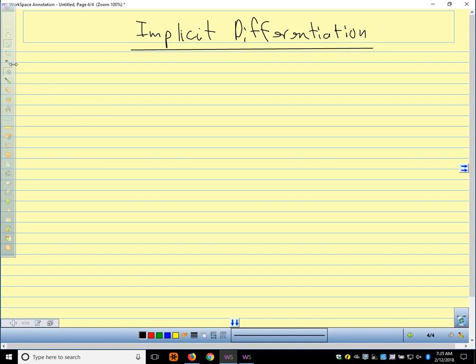So let's say we have f of x, y equals 0, and assume that y is an implicit function of x.